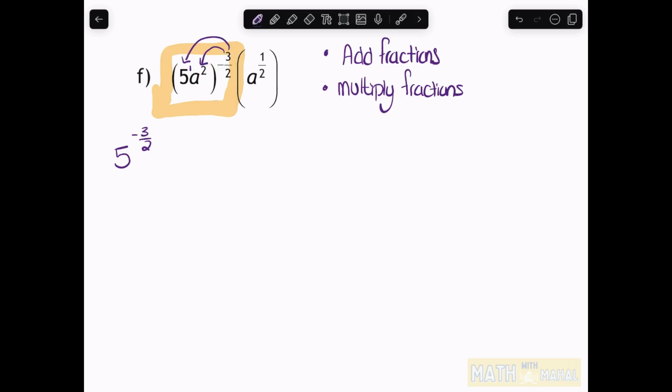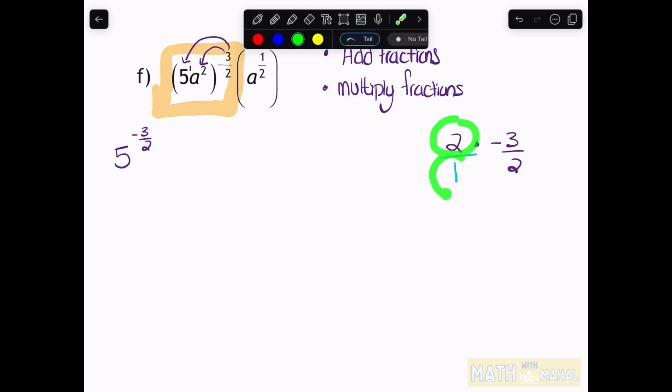So I'm going to do that on the side. And let's ignore the fact that they are exponents, and let's just think about them as numbers. So 2 times -3 over 2. Well, what I'm doing is I'm multiplying a whole number by a fraction. In case we forgot, we're going to, again, pop an invisible 1 because every whole number actually has a 1 underneath it when we want to turn it into a fraction.